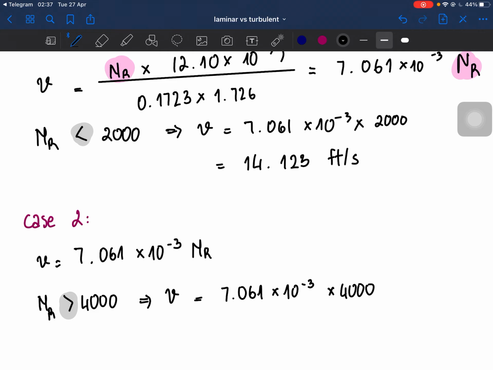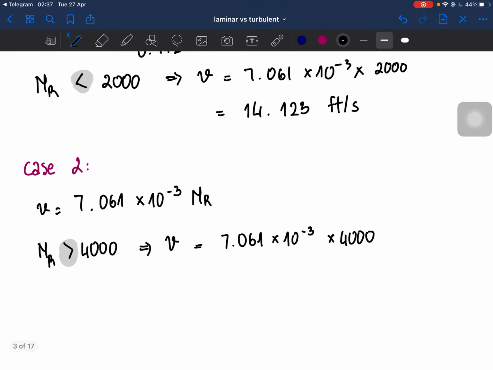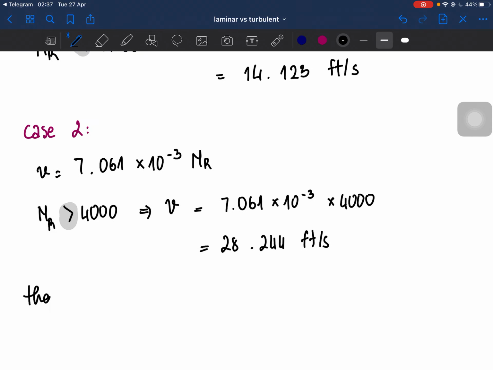So 7.061 times 4,000, here we get 28.244 feet per second.